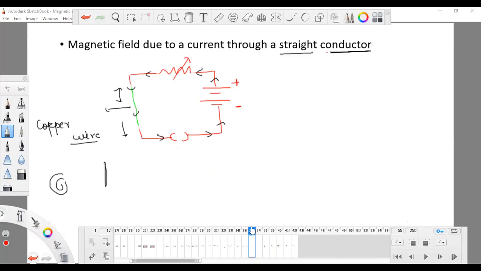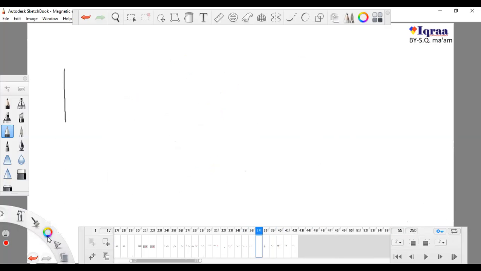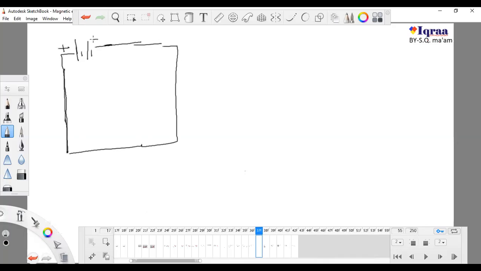So here I'm telling you that this is my conductor, and it is attached with a battery. This is the positive terminal and this is the negative terminal. I'm not using anything else right now, I'm just using this. So this is how electricity will pass.